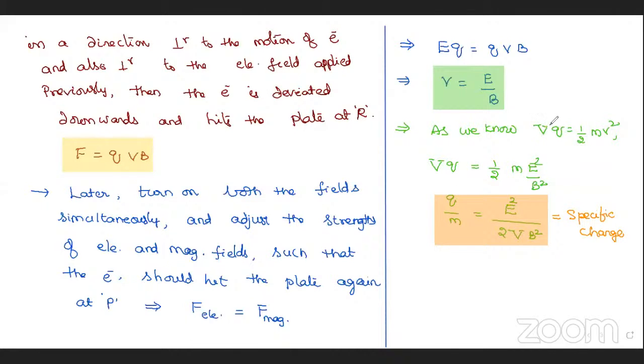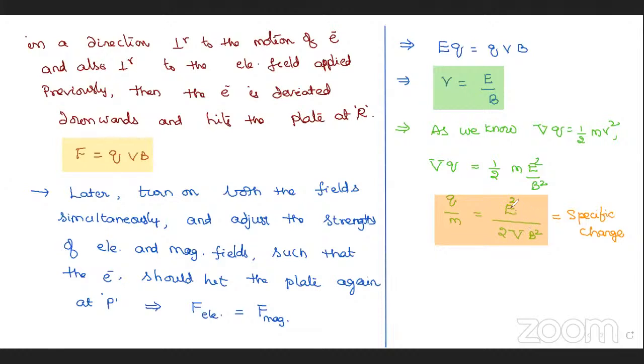It's simple, Nana, there is no big confusion in this. If you change the v value, velocity will be changed. Am I right? Yes, sir. Velocity will be changed, then obviously you have to change E and B values to get some ratio. That's what I'm saying.